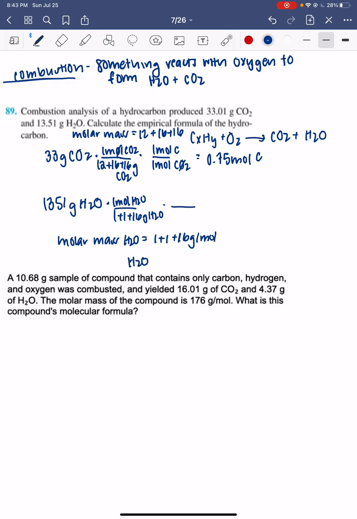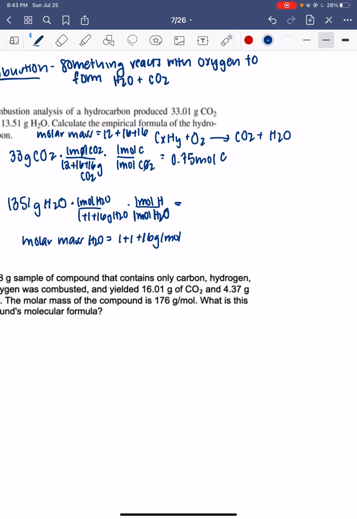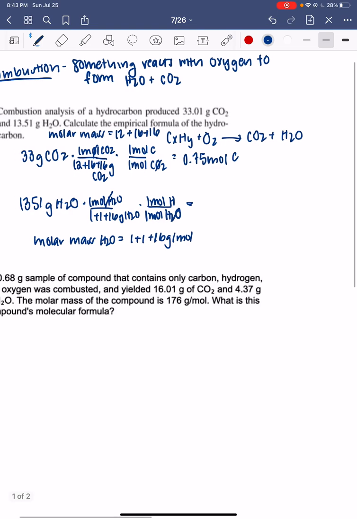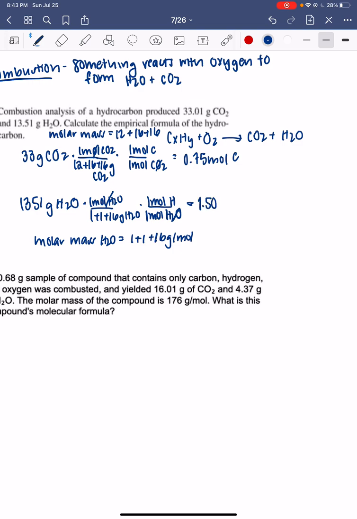If we're doing the mole-to-mole ratio, we have 2 moles of hydrogen per 1 mole of water. So for every 1 mole of H2O, we're tracking backwards to get hydrogen here. We have 2 moles of hydrogen, and we should get 1.50 mole of hydrogen.